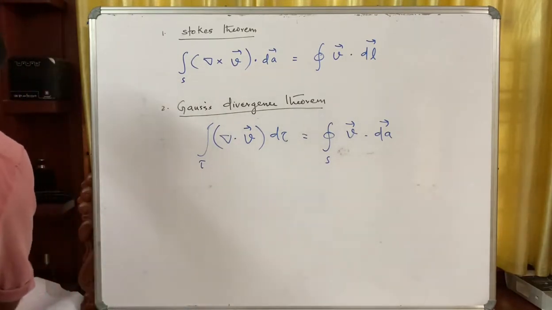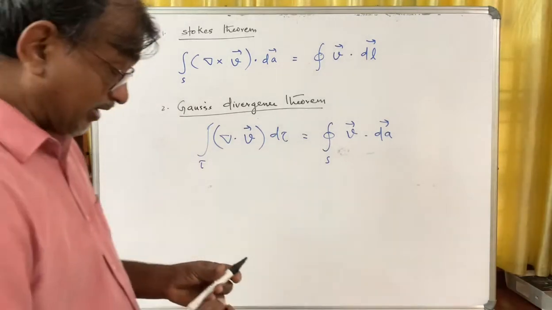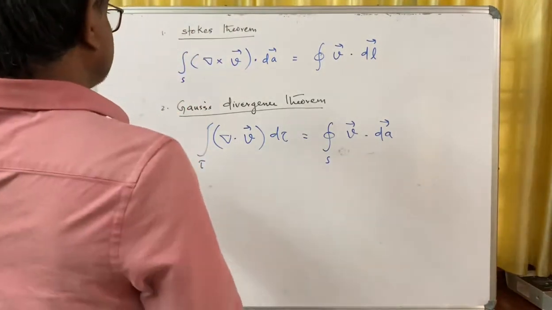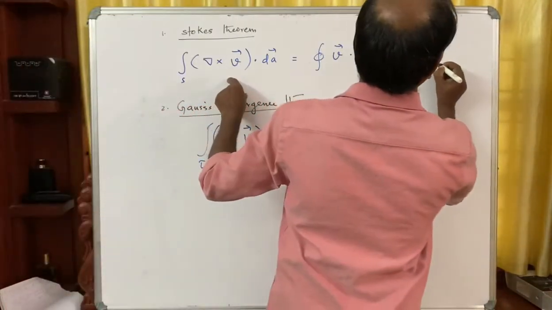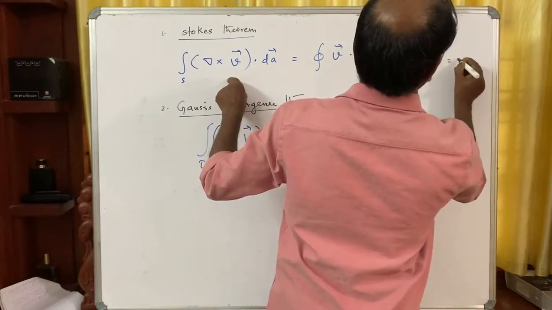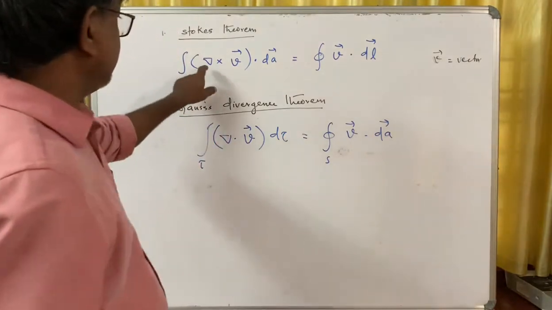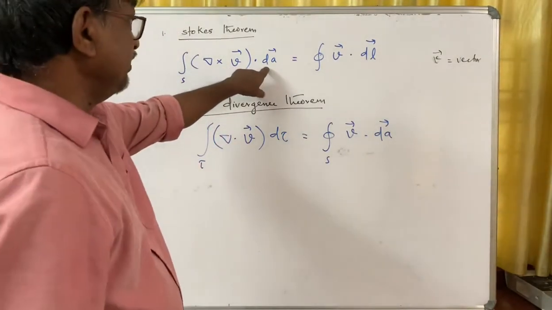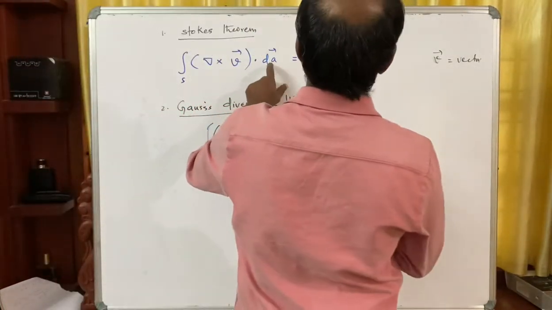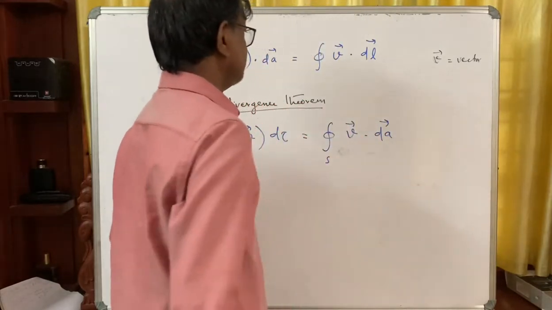So these two theorems are very important in electrodynamics. So here, what is V? V stands for a vector, any vector. And del is an operator, dA is area, and dl is a length.